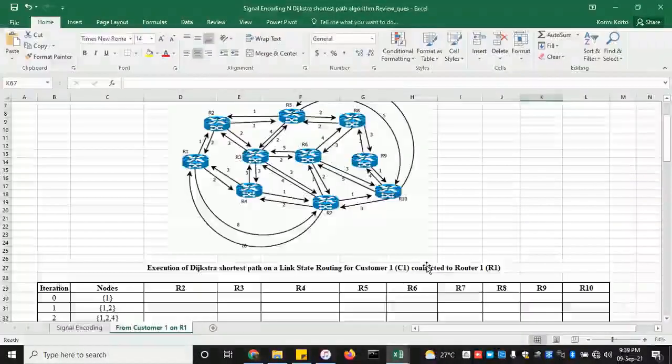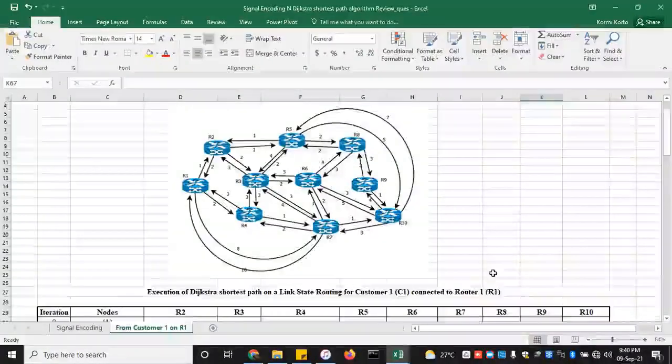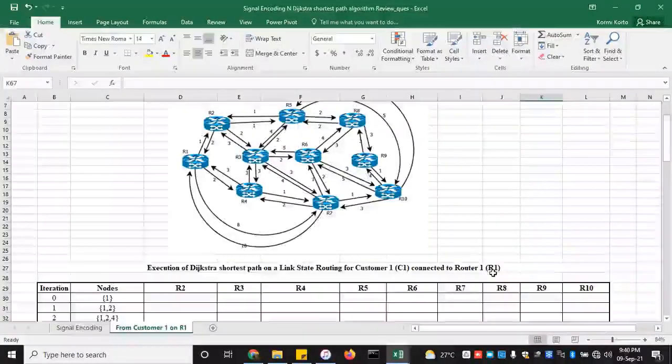In this case, it's from a customer connected to router one, and you want to find all the shortest path, possible routes that the customer can route packets through to each of the 10 nodes, or 10 routers that you have.